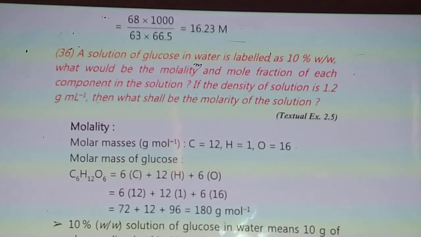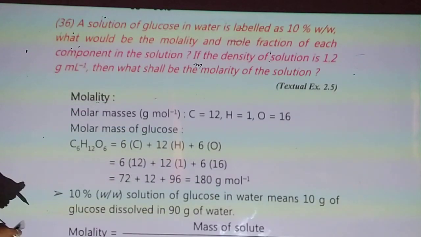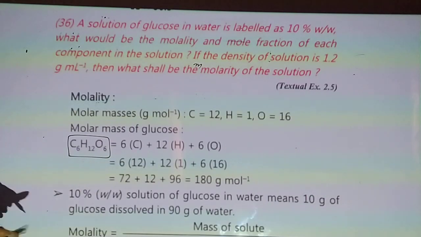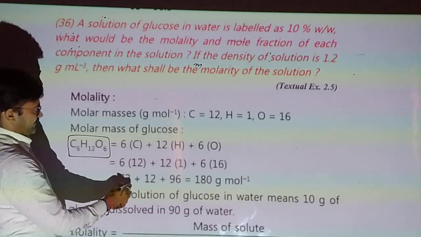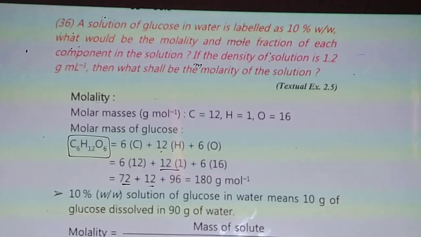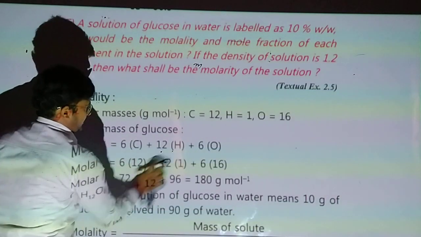So we have to define molality and mole fraction of solute and solvent. Molar mass of glucose first, 180. Why? See, the formula of glucose is C6H12O6. So 12 into 6 is 72, 12 into 1 is 12, and 16 into 6 is 96. So 180 gram per mole.